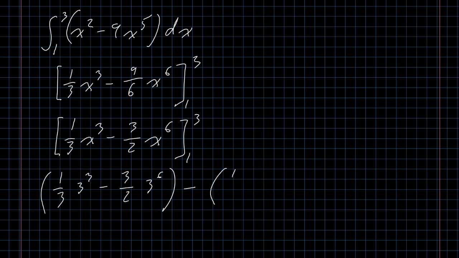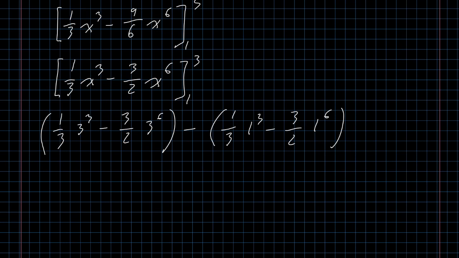Then we will have 1/3 times 1 cubed minus 3/2 times 1 to the sixth power. 3 cubed is 27. 27 divided by 3 is 9. 3 to the sixth power, I don't know offhand, let me grab my calculator, is 729 times another 3 is going to be 2,187, which is an odd number, over 2.